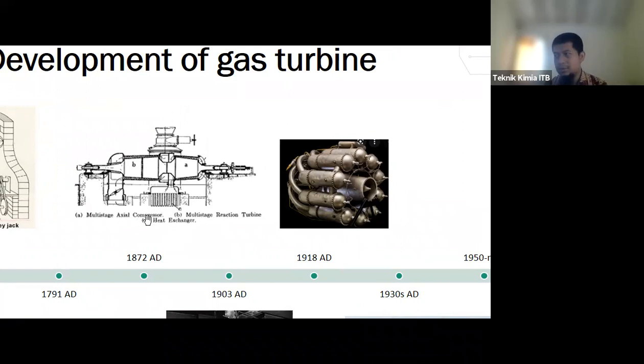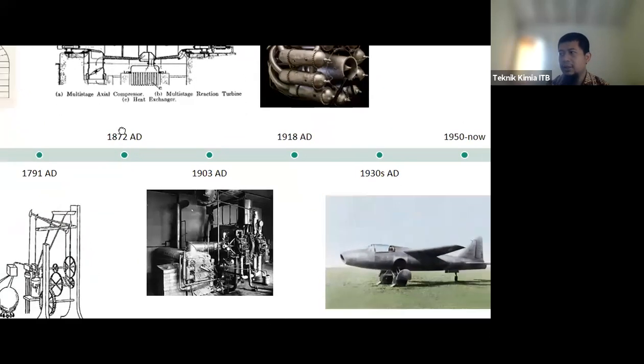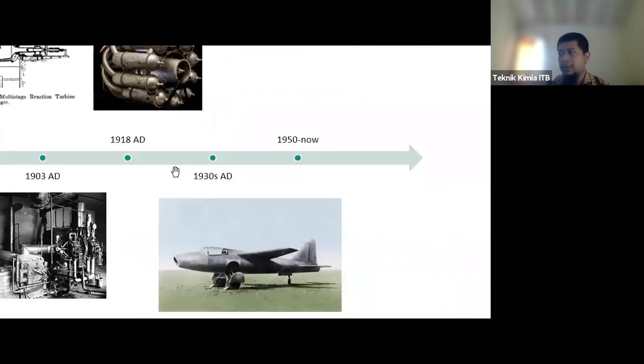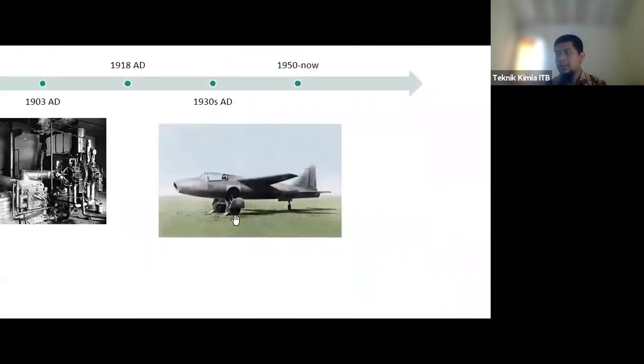Seriously, these people are really smart. In 1872, the very first design of a gas turbine engine exists in there, and then 1903, 1918, this one is for the aviation derivative, and then the 1930s, and you can see here it's not an airplane from the United States, it's always an airplane from Germany, it's Heinkel.